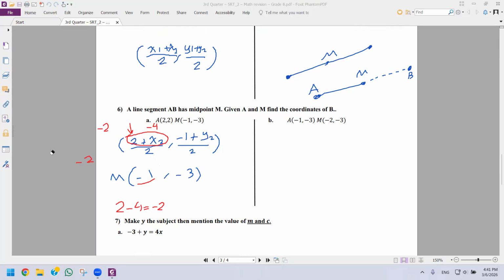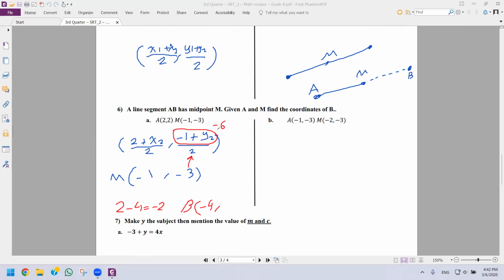So now what did we get, the first value? The value of B is, the x value for B should be minus 4. Now let's try to find the y value. We do the same thing. So the answer should be minus 3 times 2 is minus 6.